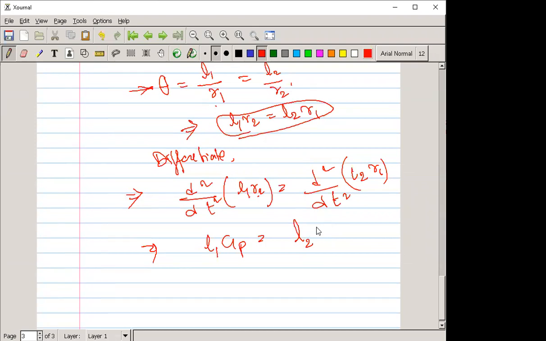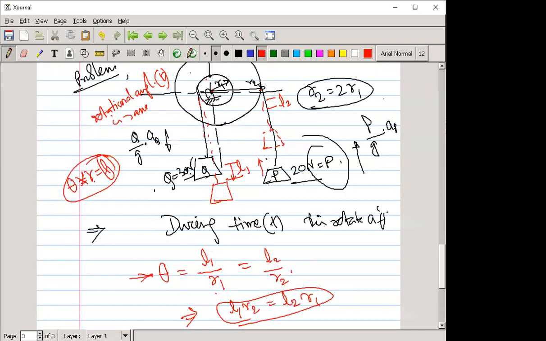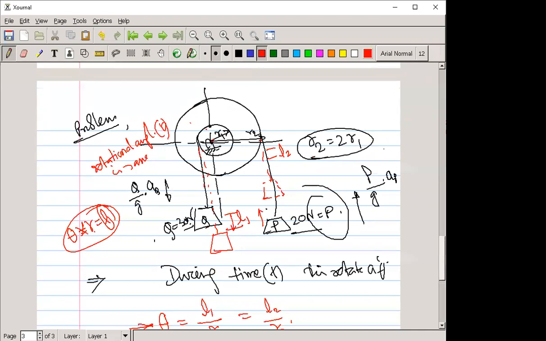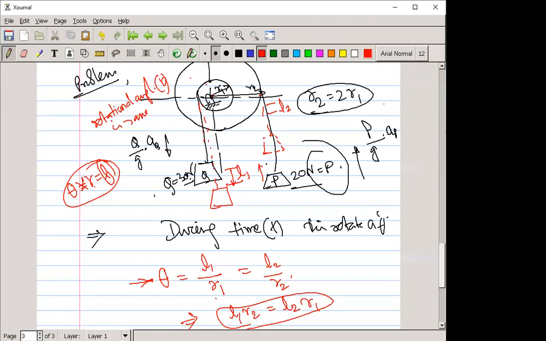R1. Oh, sorry. One mistake we have done. R is the radius, that is not the function. The function is L, L is the change, but R is the constant for both pulleys. So R2 into L1. L1 is considered to R1.